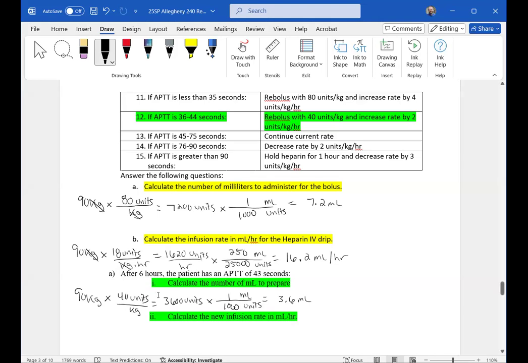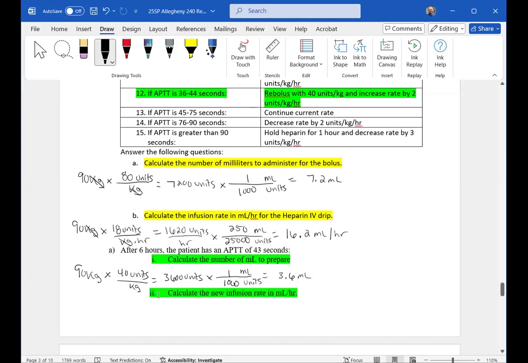For the infusion rate, again, patient weight is the same. So we're at 90 kg. But instead of 18 units per kilogram, we're increasing by 2. So I need to multiply by 20 units per kilogram per hour. That's going to give me 1,800 units per hour.